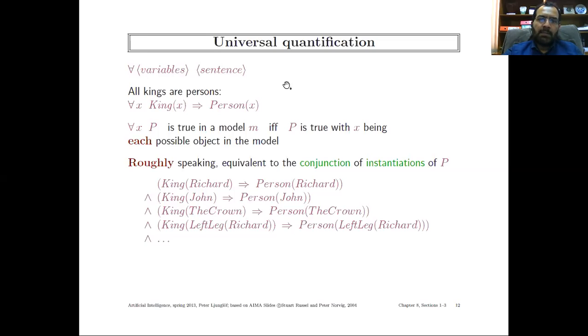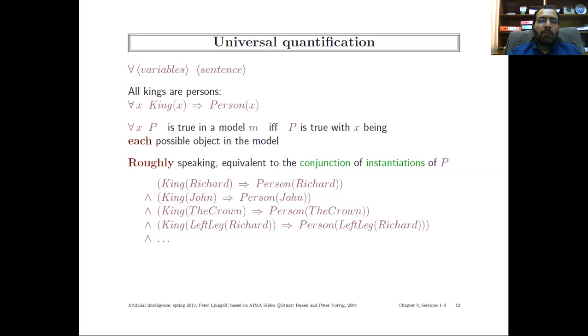For example, we have the statement that all kings are persons. This is true, and this is a universal truth. So how do we represent all kings are persons? The individuals who are kings, you can take as a variable like x.